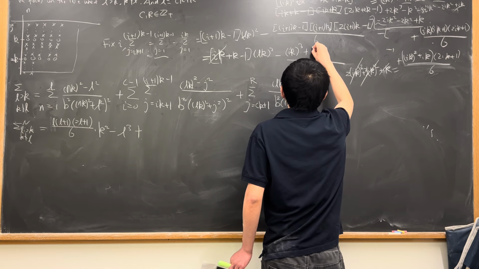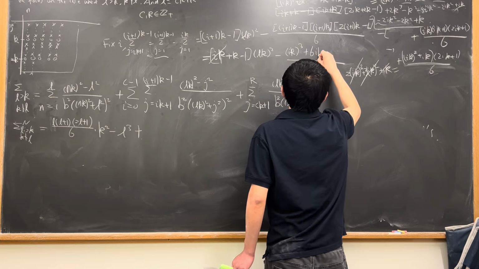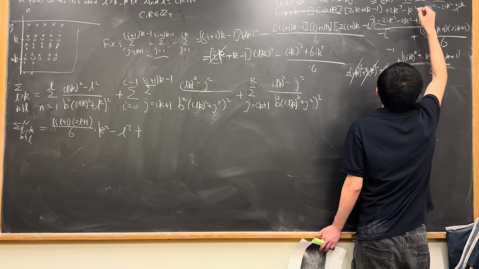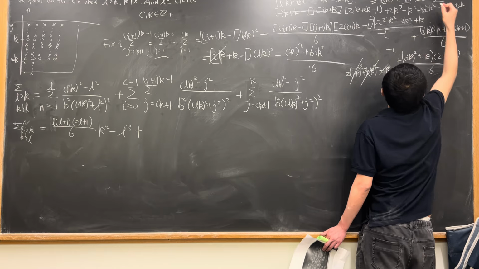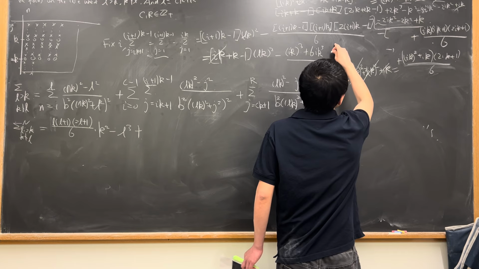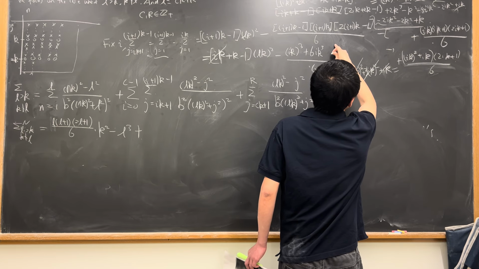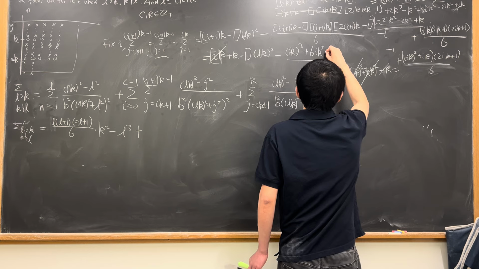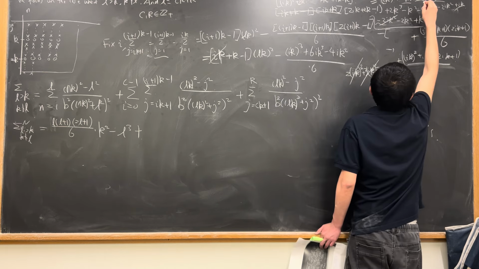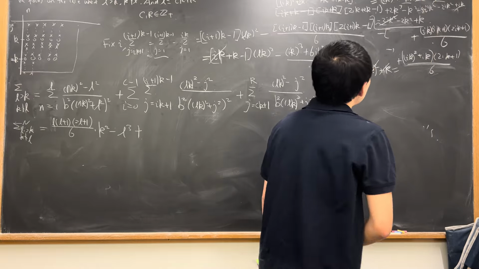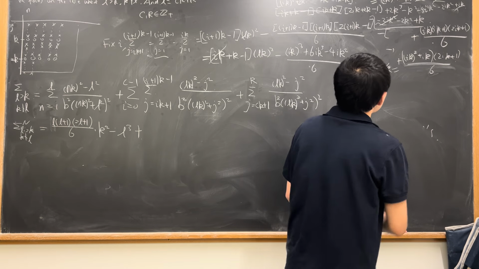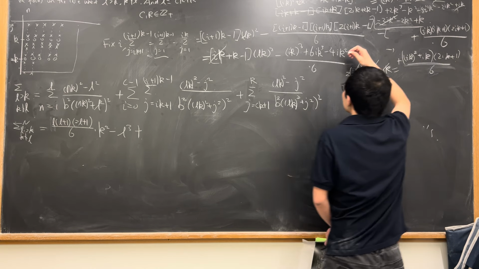So 6ik cubed, and then let me bring this one out, and then minus 4ik squared. So this comes out, and then, oh wait, shoot, okay. So it should be minus 6.